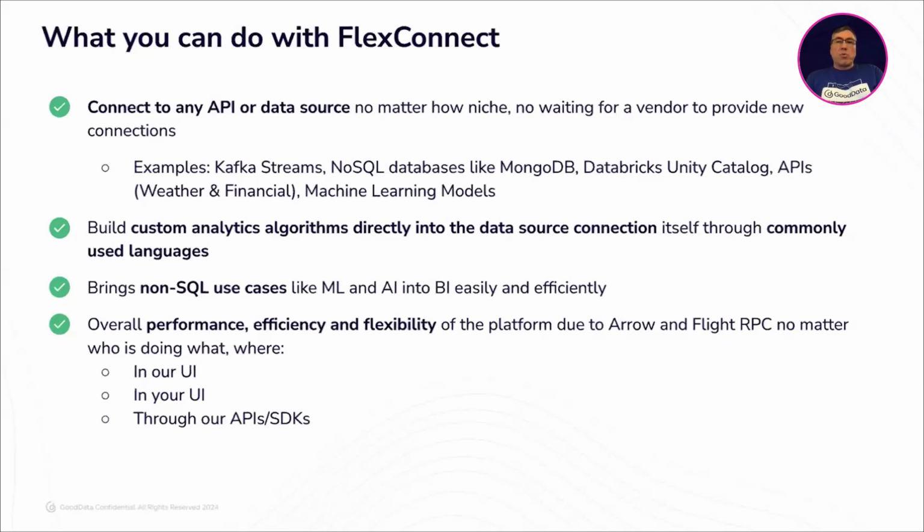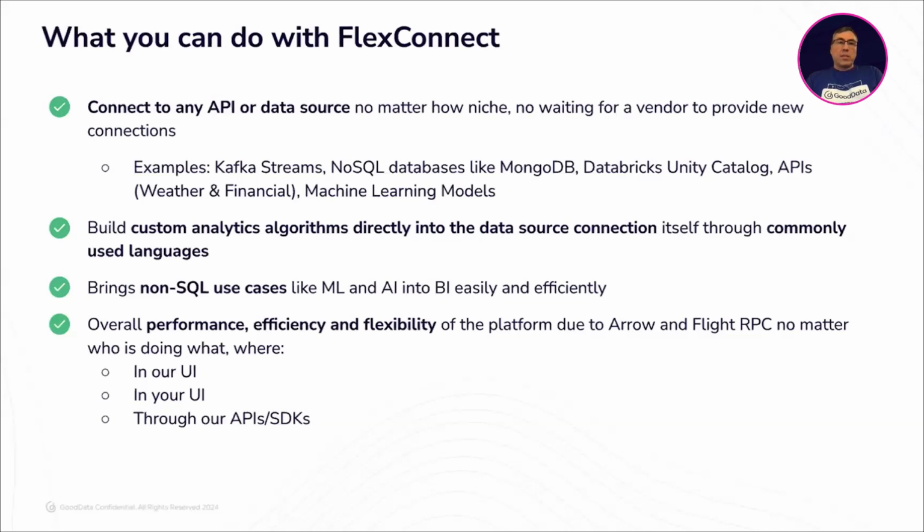And you can also do some last mile data cleansing. I will show one such example in my demo. And then you can use all this data wherever you want in our user interface, or you can embed it into your user interface or access data through APIs or SDKs.